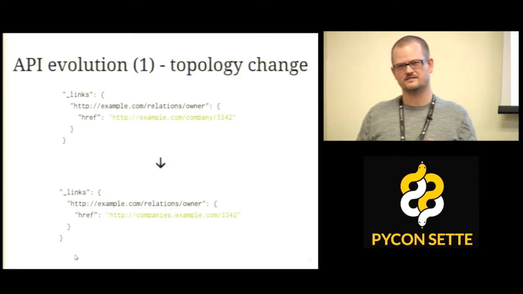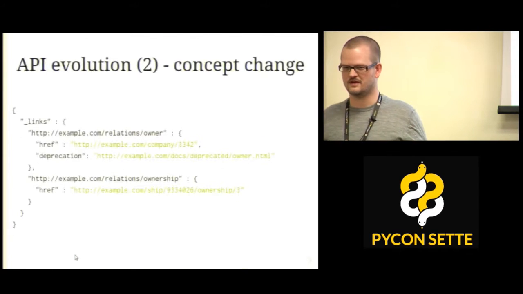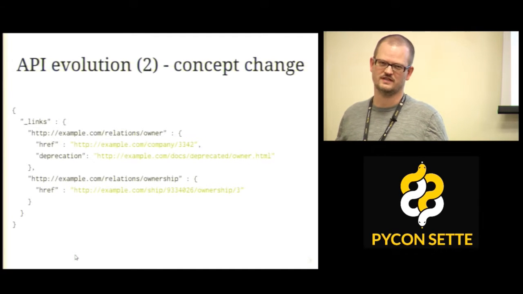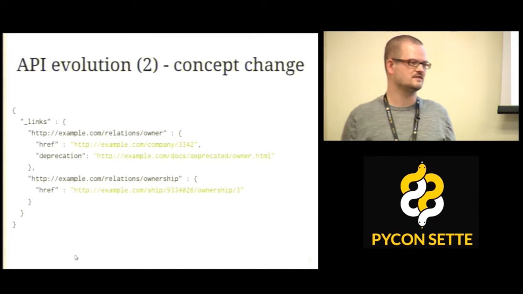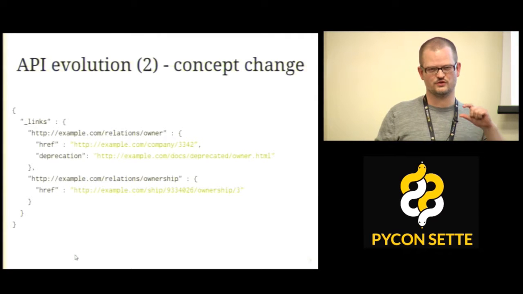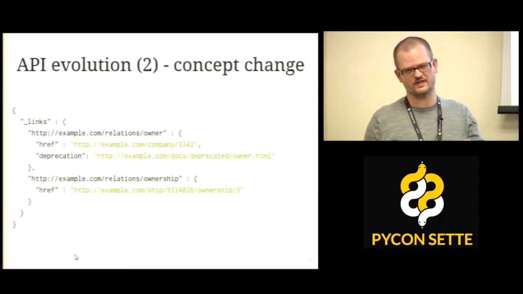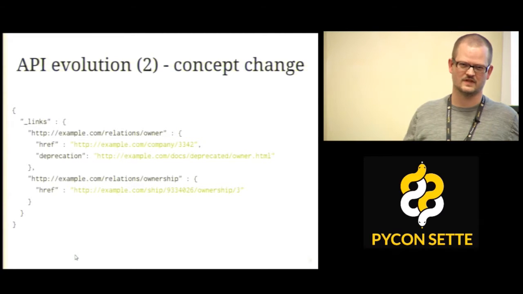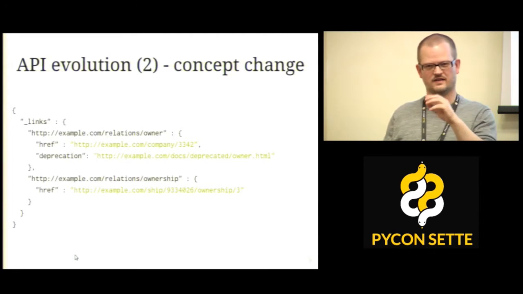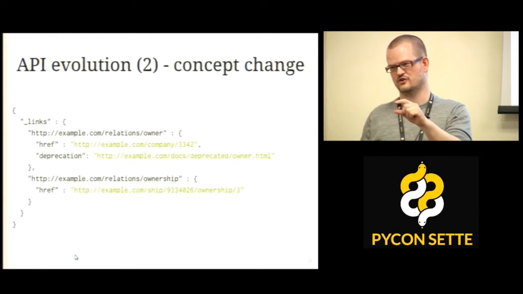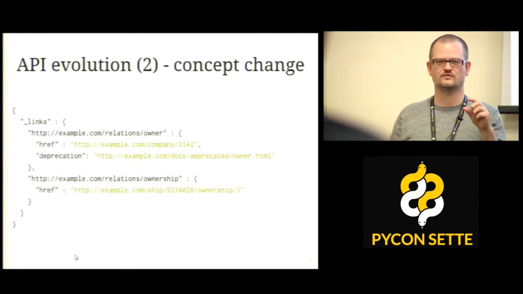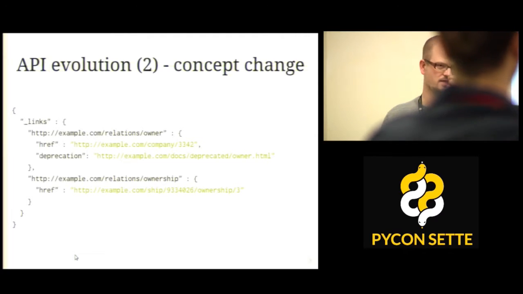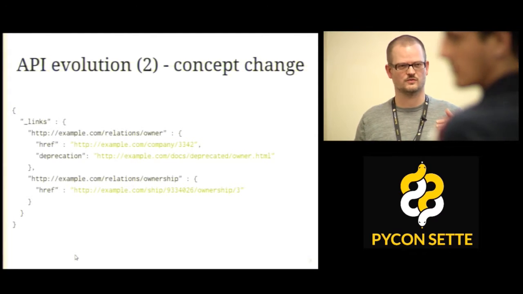So the second API evolution, which is even more interesting, is a semantic change. So suppose you had ship owners, but you introduce ownership history. Make ownership itself a domain term, and you are going to register not just who the current owner is, but who the historical owner was.